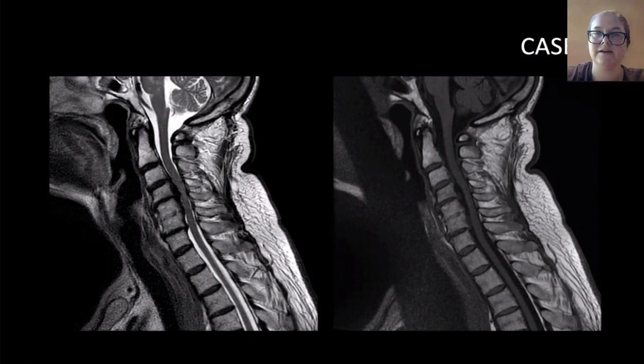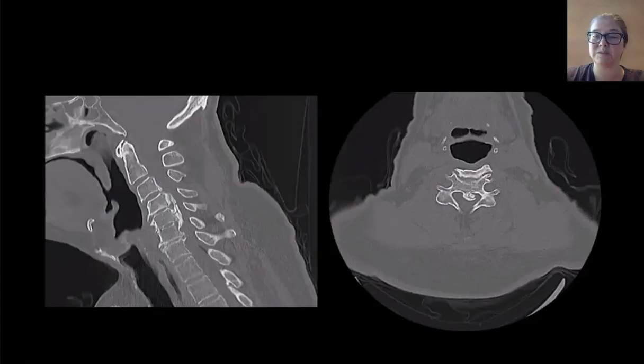We've had a lecture, maybe Dr. Bedner years ago, about how important it is for the surgeons because it can affect their approach, anterior versus posterior, if there's ossification of the ligamentum flavum. Ossification of the posterior longitudinal ligament can be more problematic for the surgeon. So if you suspect it, best just to do the CT to confirm.